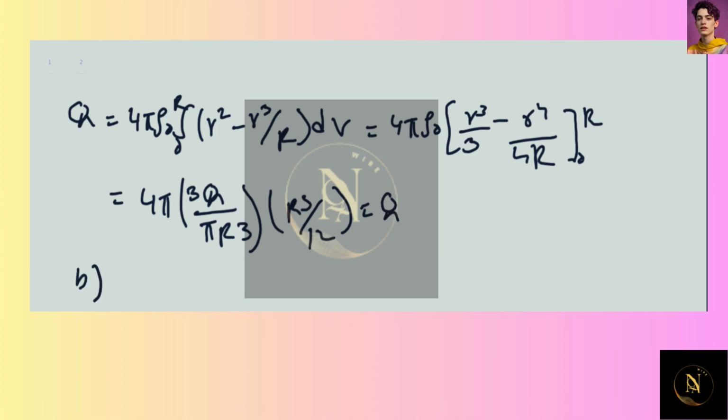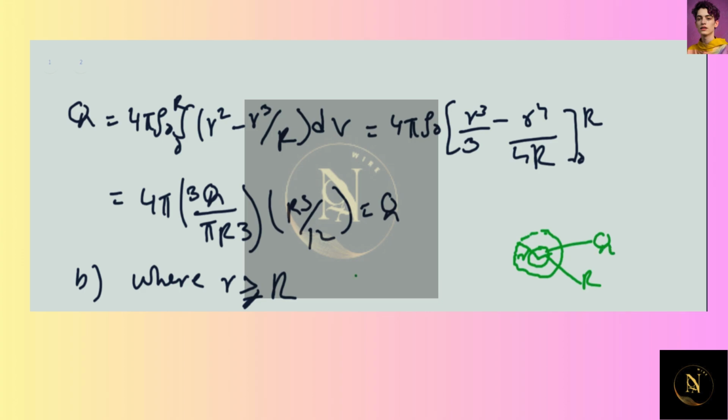Part B, we apply Gauss's law to a spherical surface of radius r, where r is greater than R. Here we have the outer one, the inner one is here, the radius is capital R here, and the radius from inside to outside of this Gaussian surface is small r, and capital Q charge is here.